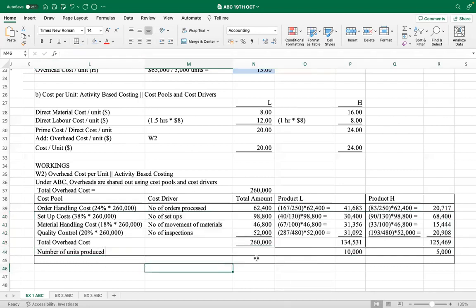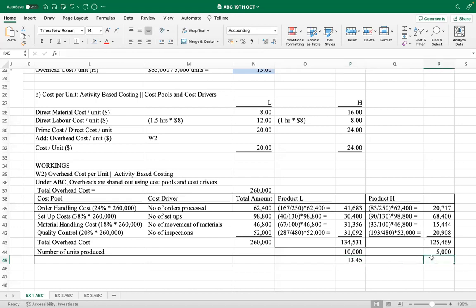If I take the total overheads divided by the number of units, I get overheads per unit.